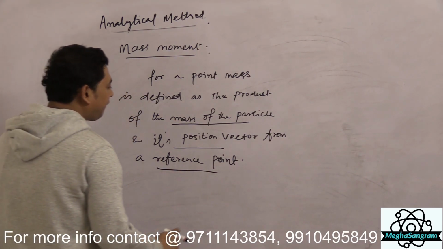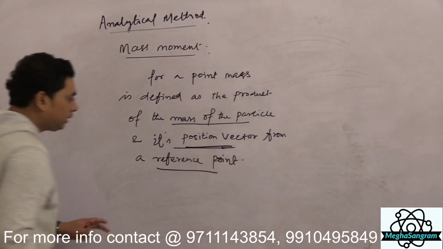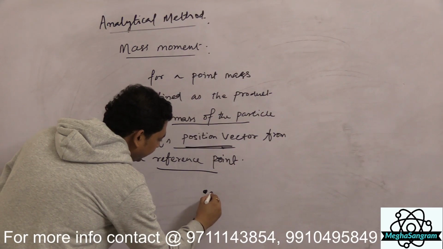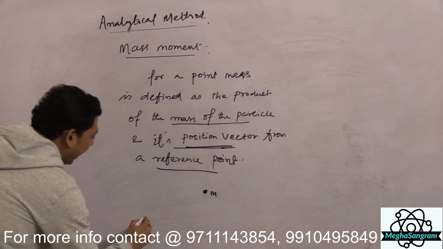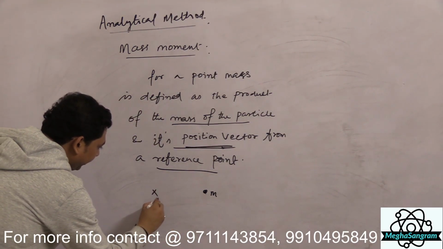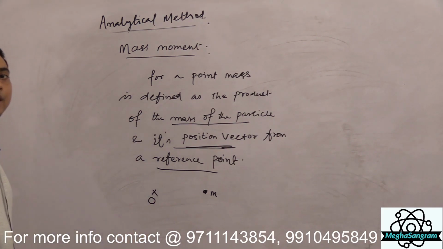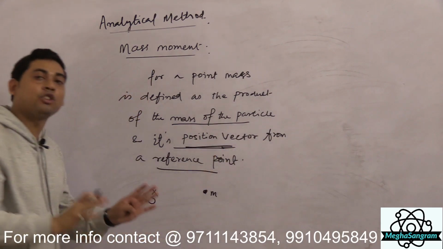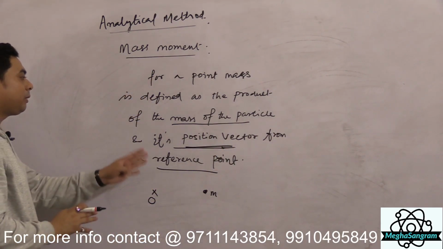Okay, so how can we calculate the position vector? Let us consider a point mass. This is a point mass, let's say M, and this is, let's say, the reference point O. If it is not given in the question, then we need to find out the position vector.